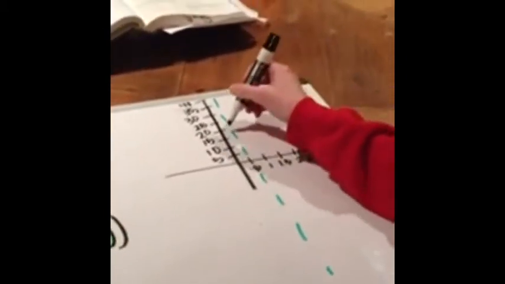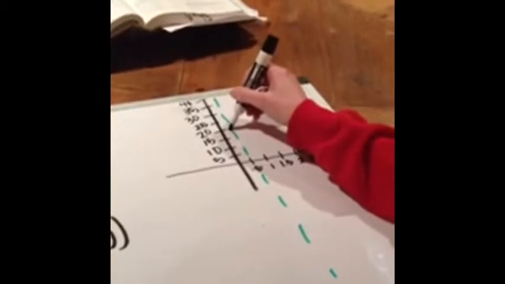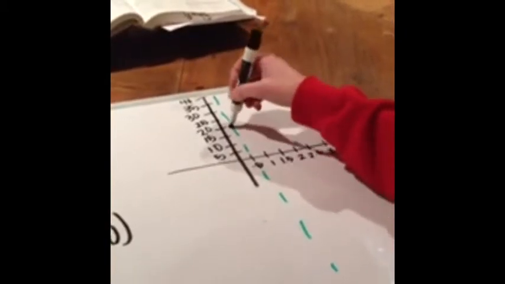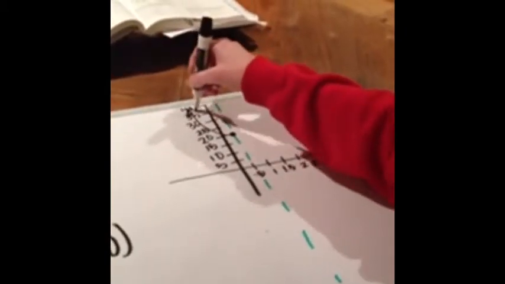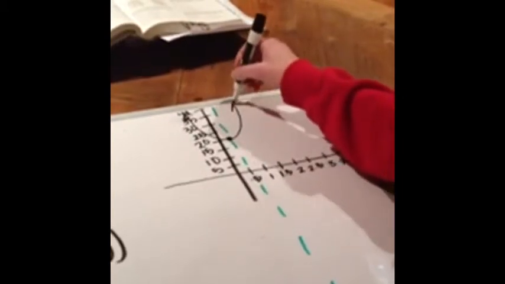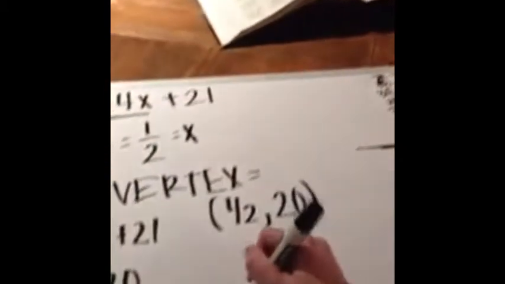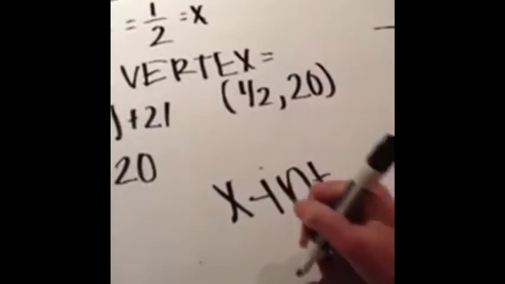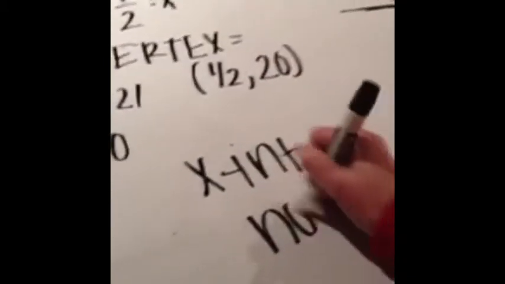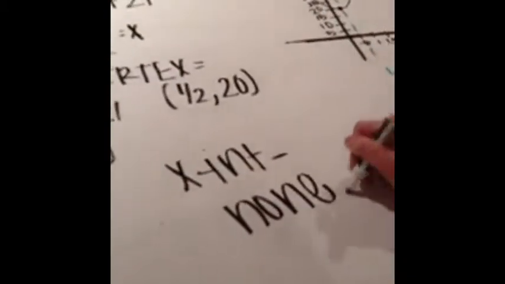Then our vertex is at 1/2, 20. And the parabola increases on both sides, leaving us with nothing crossing the x-axis. So for this equation, you would just write none for the x-intercepts. And that would be all.